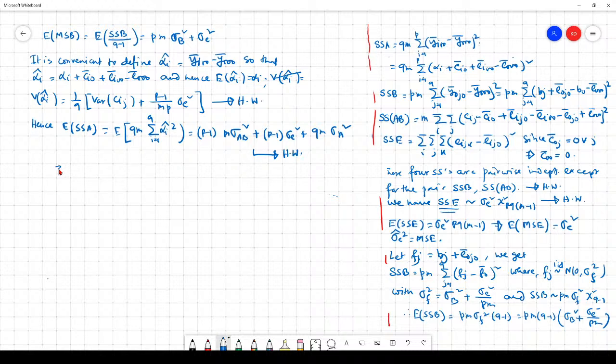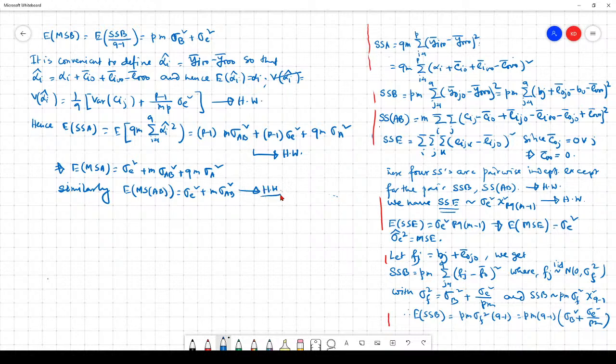So this implies expectation of MSA, which is equal to sigma e square m into sigma ab square plus sigma a square. Similarly, expectation of MSAB equal to sigma e square plus m sigma ab square. So this is your another homework. Please do it and submit.